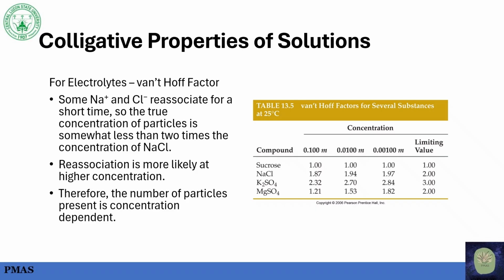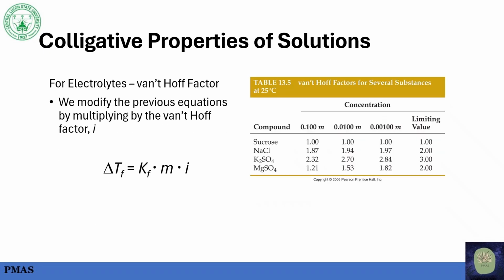Some sodium and chloride ions reassociate for a short time, so the true concentration of particles is somewhat less than 2 times, and reassociation is more likely at higher concentration. Therefore, the number of particles present is concentration dependent.